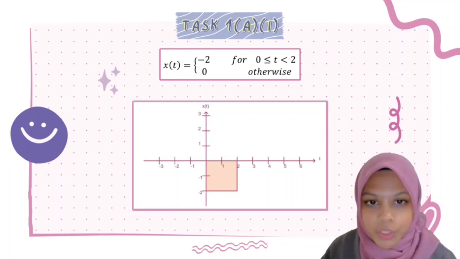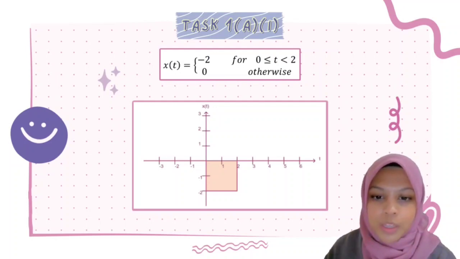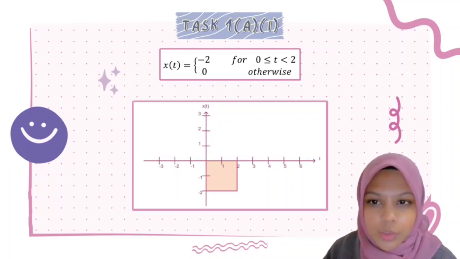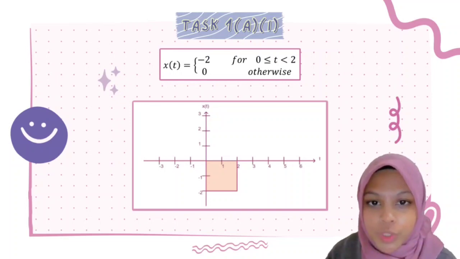So the mathematical function given is x(t) equal to -2, which is from 0 until 2, while 0 otherwise. As we can see, the graph goes to -2 from 0 to 2, while otherwise it is 0.